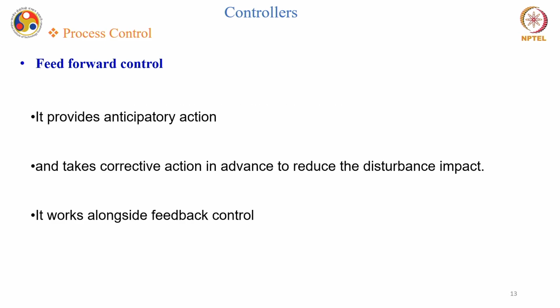Now this feed forward control system provides anticipatory actions and takes corrective action in advance to reduce the disturbance impact. It works alongside the feedback control. So you will see that you always have feedback control and then you have feed forward control system.